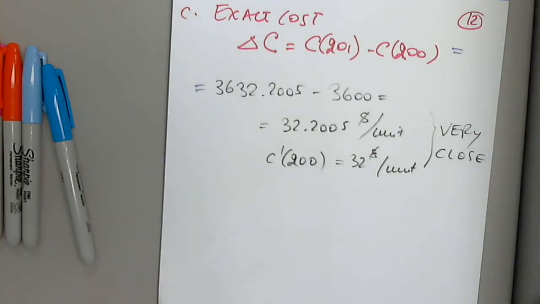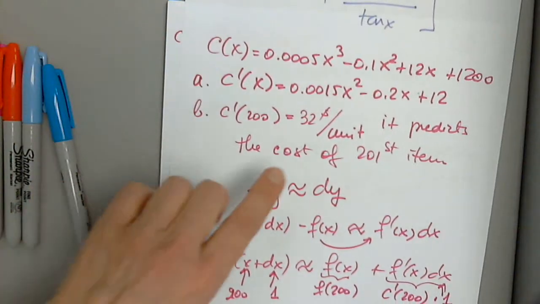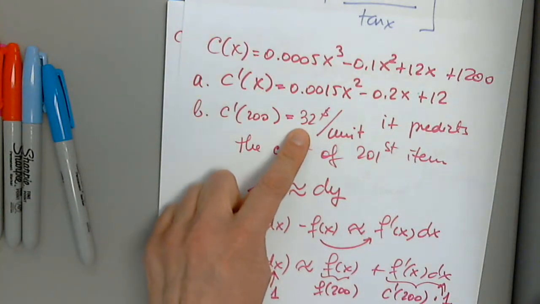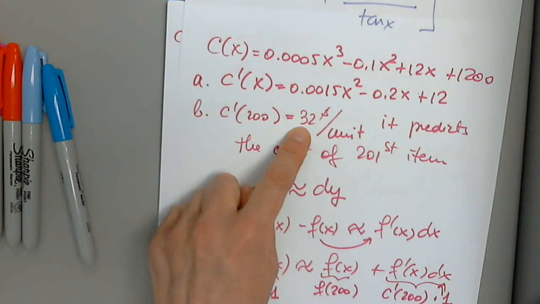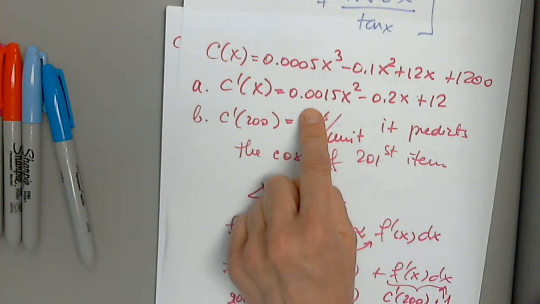Okay, any questions here? Please, Jared, go ahead. Did you plug 201 into the C prime function? Yes, I was given this. Okay. I can check if there is any doubt. I doubt there is anything wrong here, but I think it's correct, but I can check.